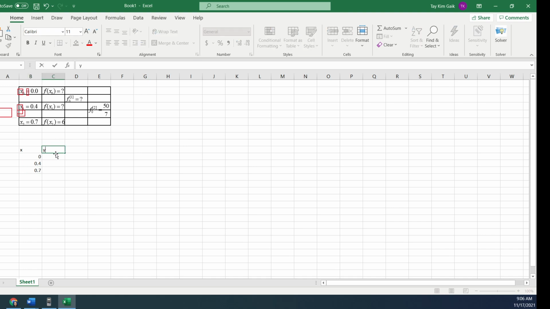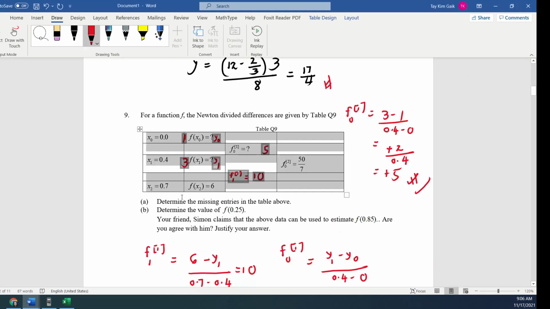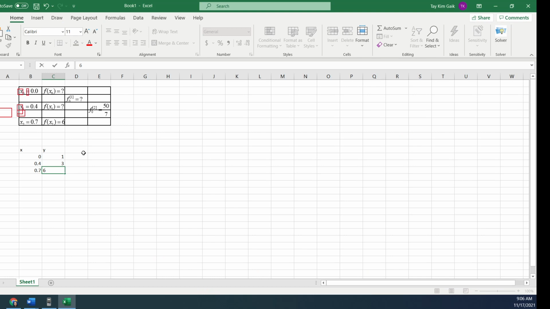And this is the y: 1, 3, 6. And 5, 10. This value is equal to 50 over 7. Okay, this is the first level. I just put Fs. First level Newton divided difference. This one is the second level Newton divided difference.